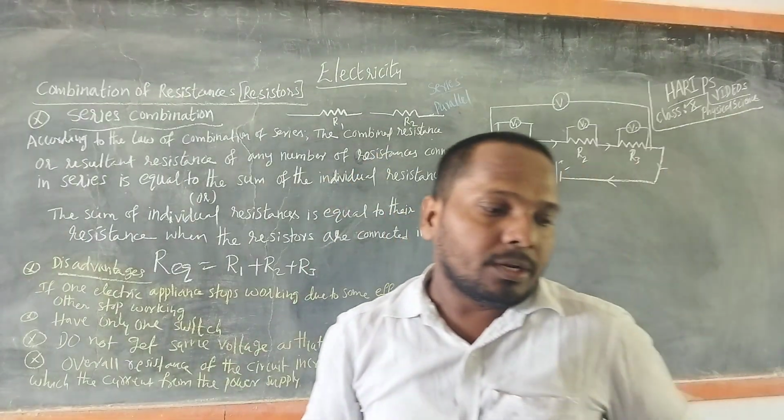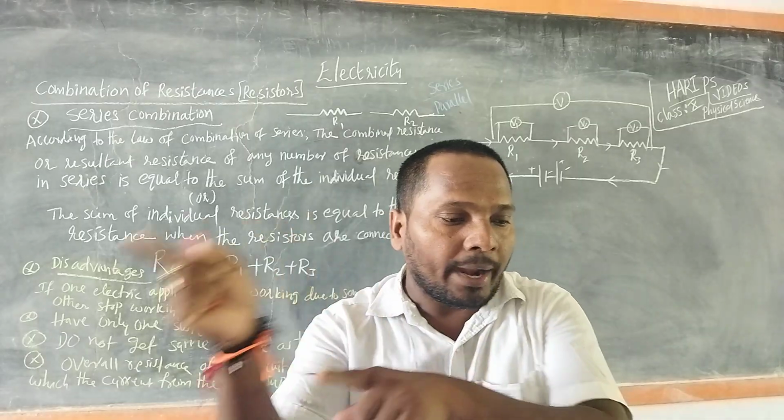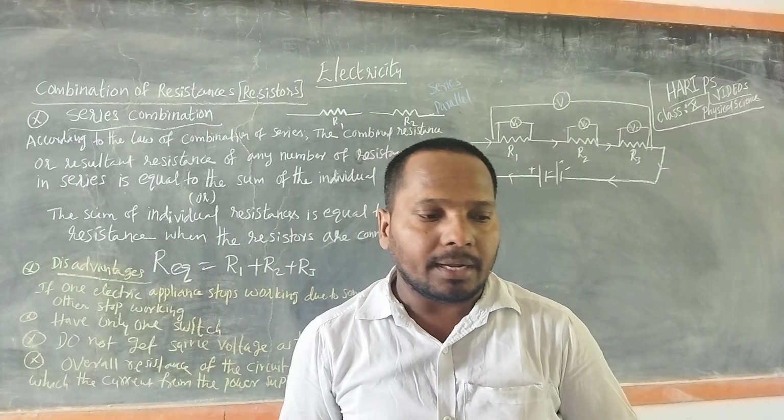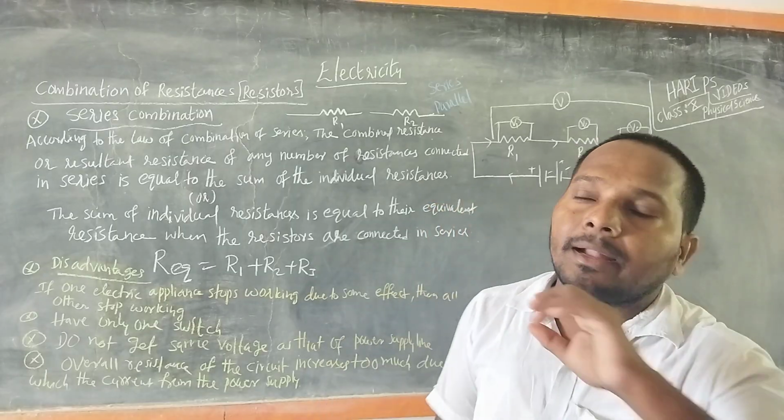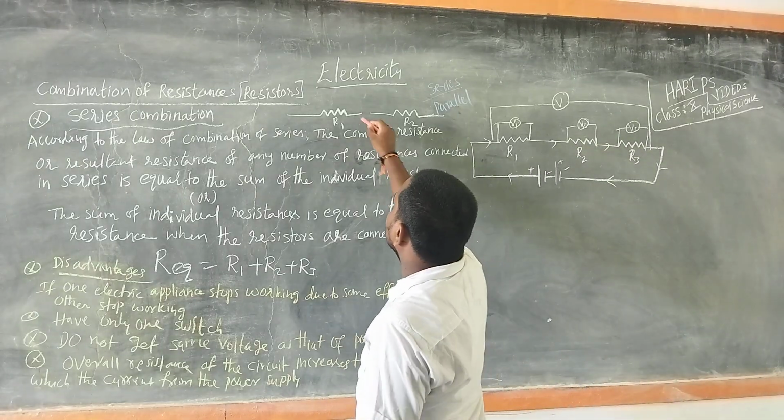When two or more resistors are connected end to end, continuously or consecutively, they are said to be in series.